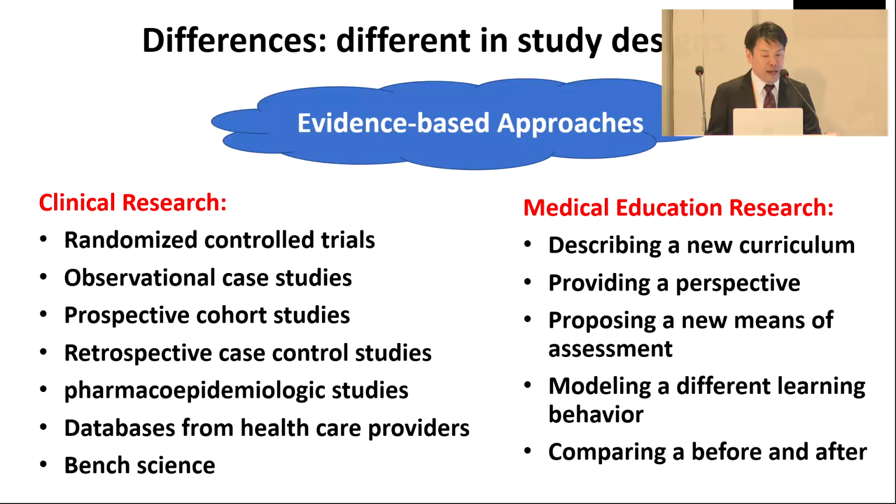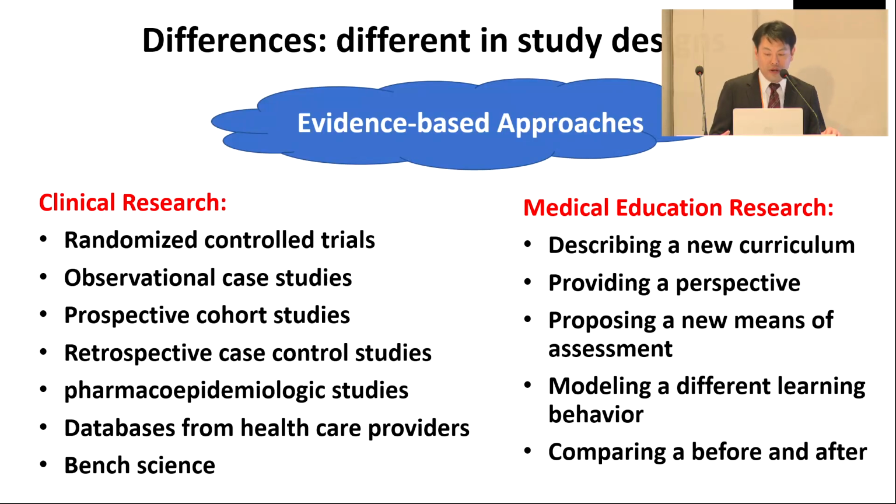And finally, last but not the least, although they may be different in study design, they are all seeking evidence-based research. But you can see we are very familiar with the methodology of clinical research, such as randomized, double-blind randomized clinical trials, observational case series. It could be prospective, retrospective, or database, or even bench science.